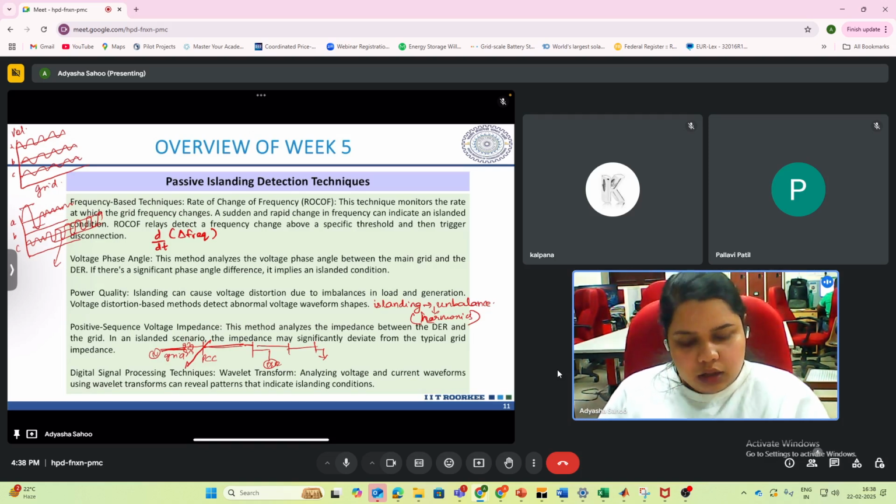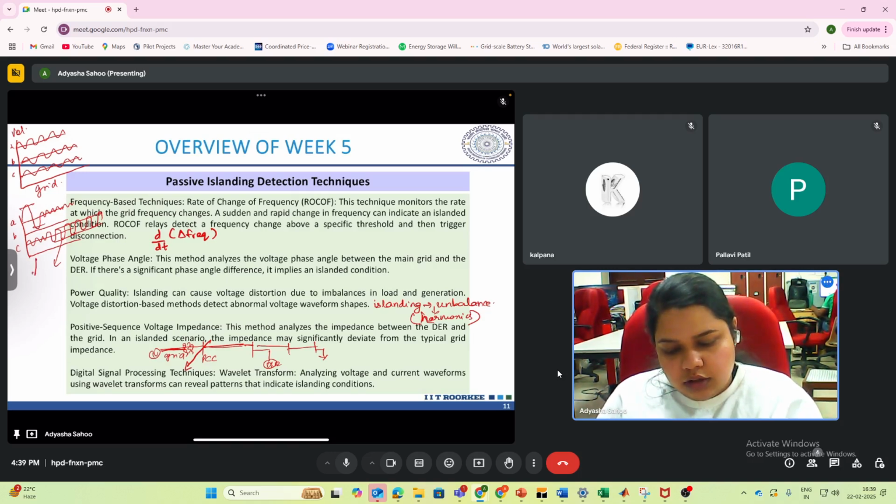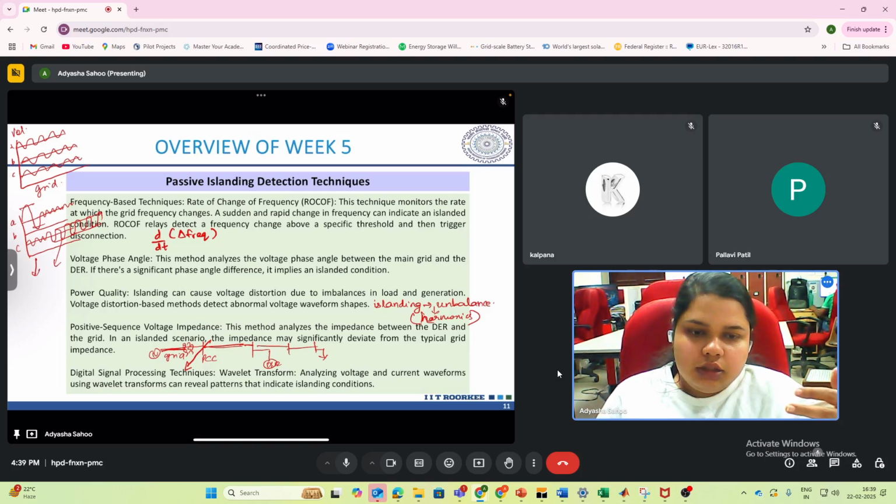Then next is the digital signal processing techniques, such as your wavelet transform. So here again, we analyze these voltage and current waveforms using techniques such as wavelet transforms to basically study the patterns that are taking place.